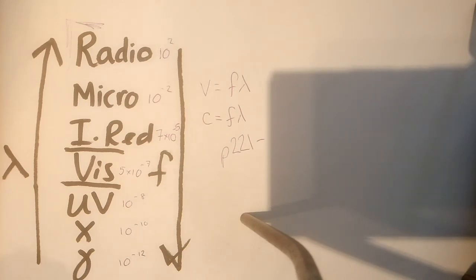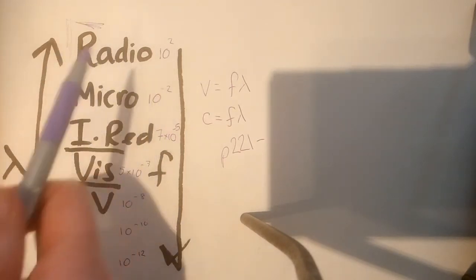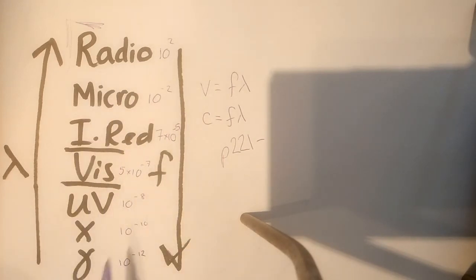Okay, so if you read through the book on page 222, it will tell you about the uses of electromagnetic radiation, and it will tell you that this lot's non-ionising, the stuff at the top here, because it's not very energetic. Stuff at the bottom is ionising because it's got a lot of energy, okay? There's 3 sorts of ultraviolet light.